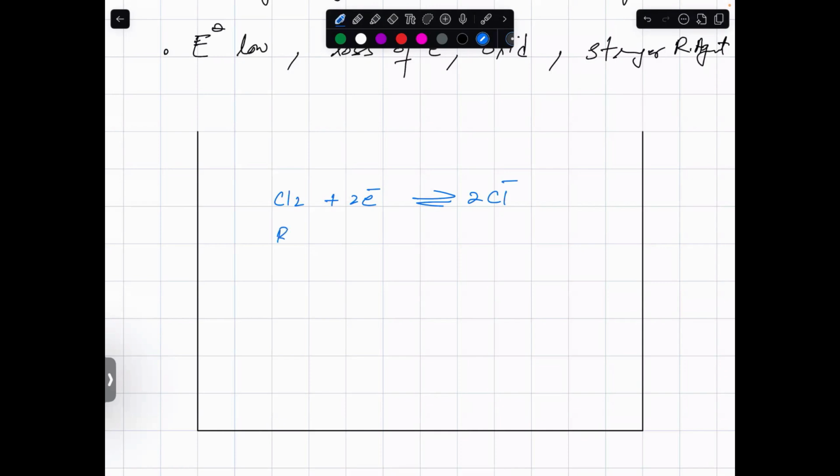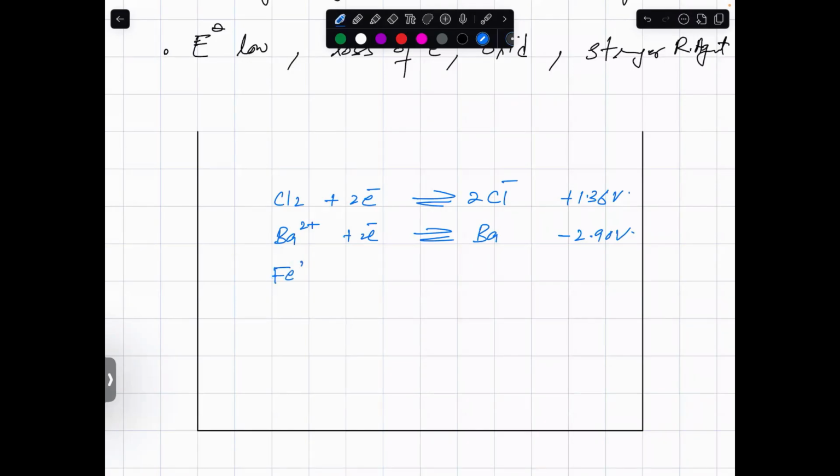There is this barium 2 plus gaining 2 electrons, its E naught value is minus 2.90. MnO4, I'm writing another one.